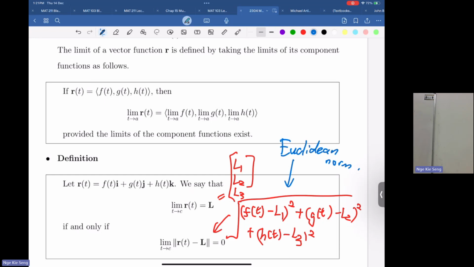So this means your function, when you go to time t, it is really close to the vector L. Okay, does it make sense? Yeah, so your vector value limit becomes a vector. Okay, all right, so let's continue.